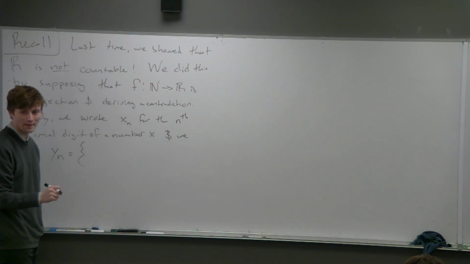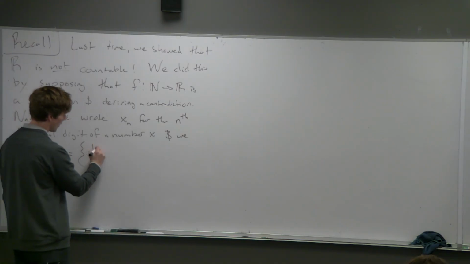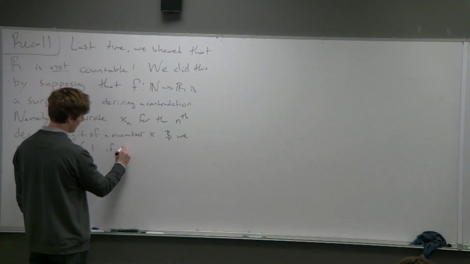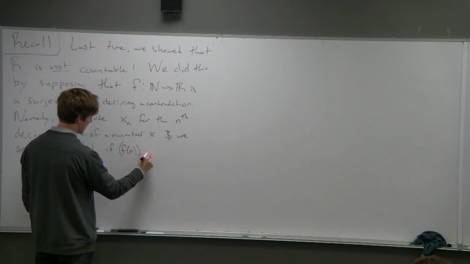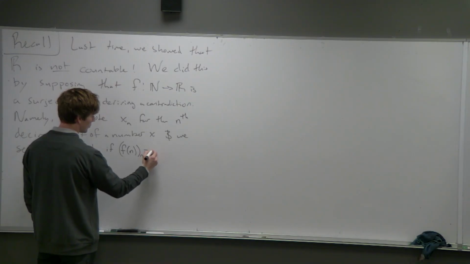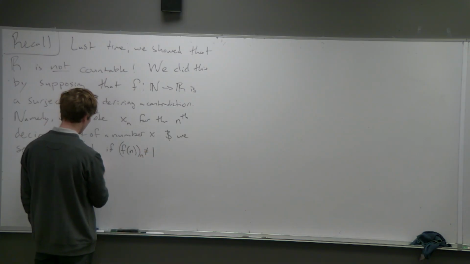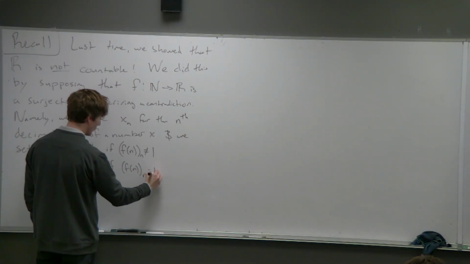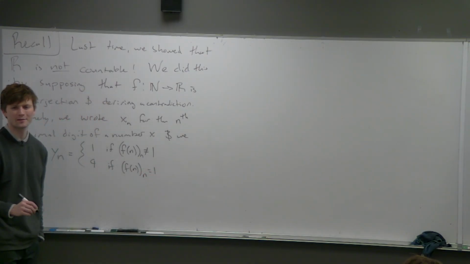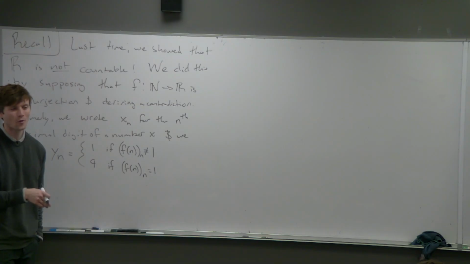So we said, okay, let's let y_n be 1 if f of n's nth digit is not equal to 1, and 9 if f of n's nth digit was equal to 1. Or maybe we did it with the 9s and the 1s flipped, I don't remember. One way or another, but effectively the same idea, yeah?